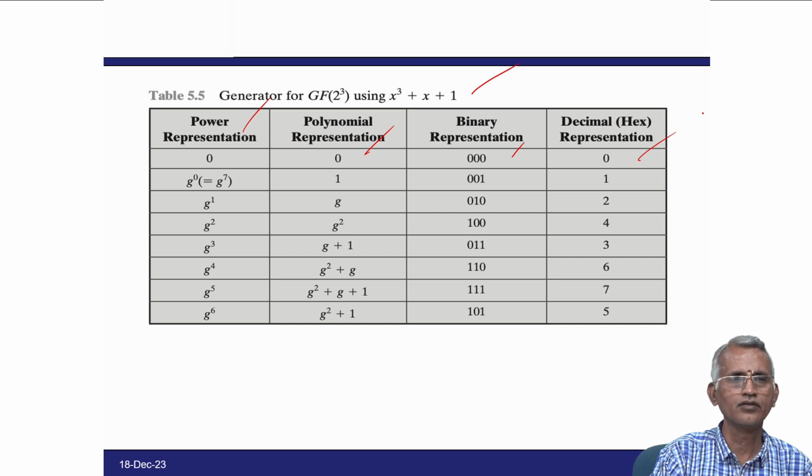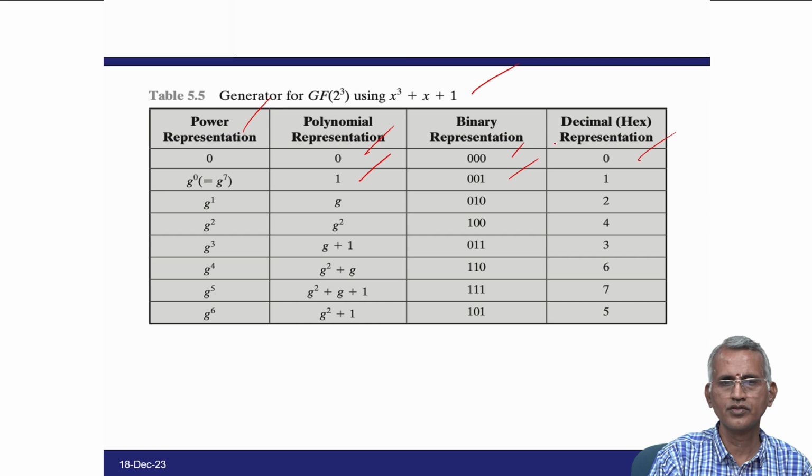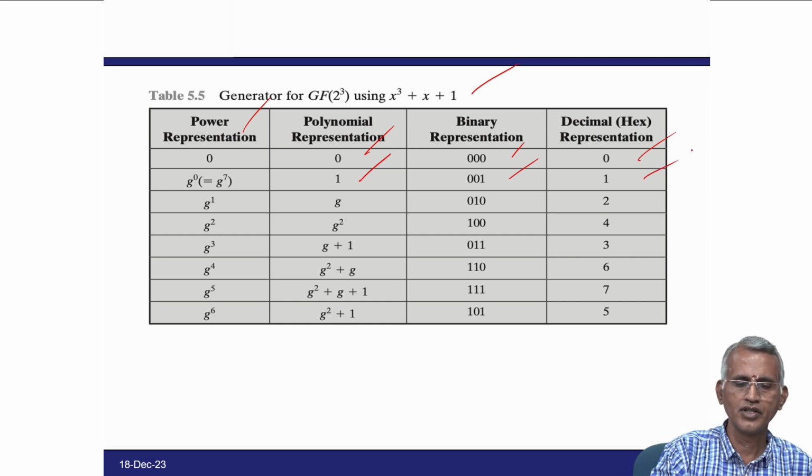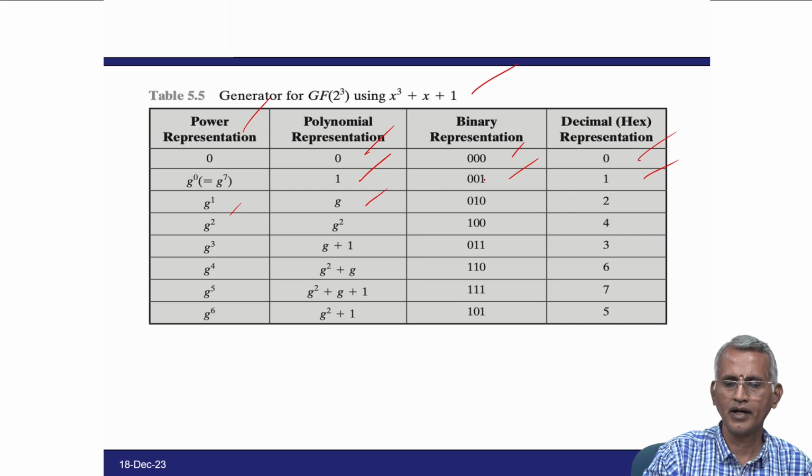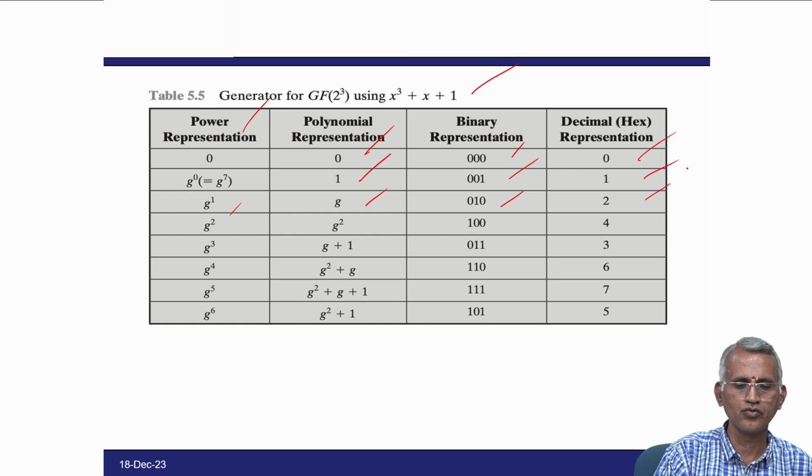Therefore, g naught equal to g power 7, the polynomial representation is 1, the corresponding binary representation is 0 0 1 and decimal representation 1. g power 1 is g, binary representation 0 1 0 and decimal representation 2.